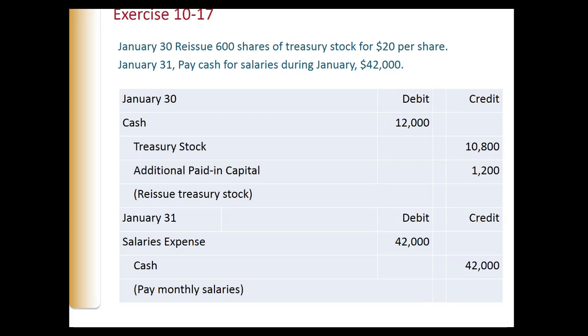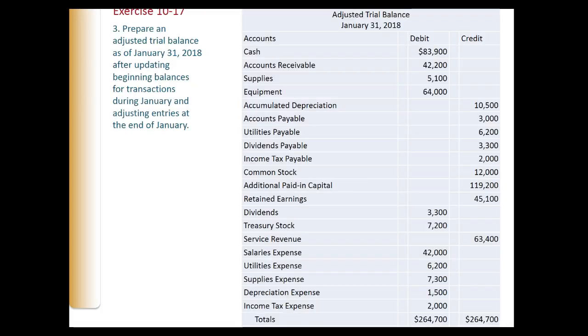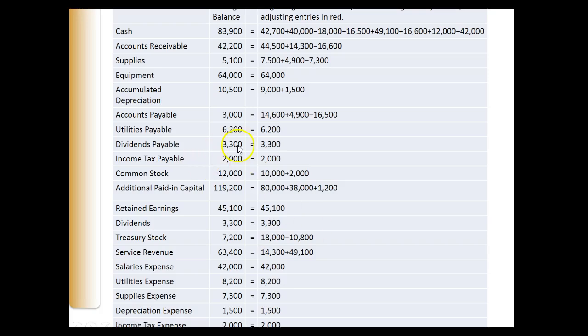A debit to cash on January 30th for $12,000. A credit to cash on January 31st for $42,000. So from there, between the debits and the credits, we take all of those to come up with a new ending balance of $83,900.